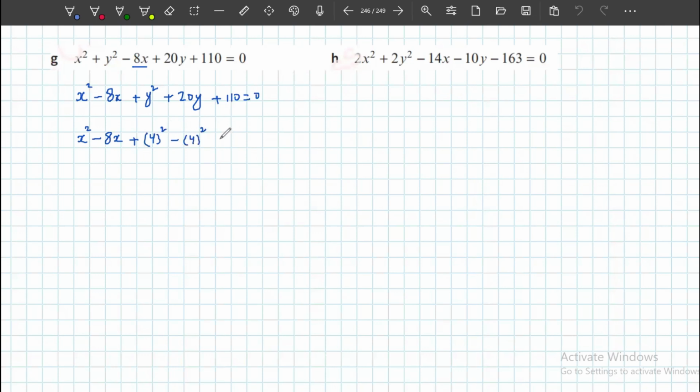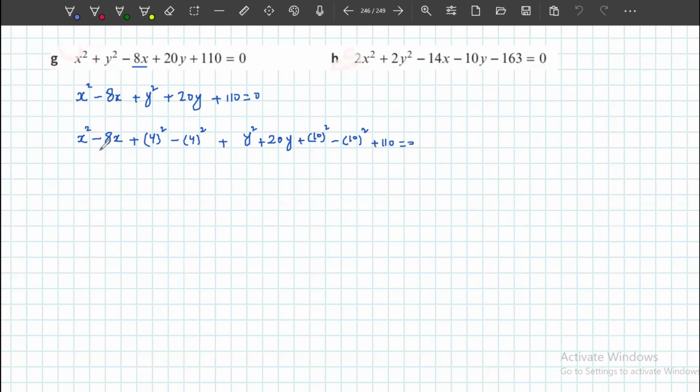This is the rule. Same case we will apply with y. Here the coefficient of y is 20. Okay. So half of 20 is 10. So I will take the square of 10 as well as subtract the square of 10, and keep the same plus 110 equals 0.